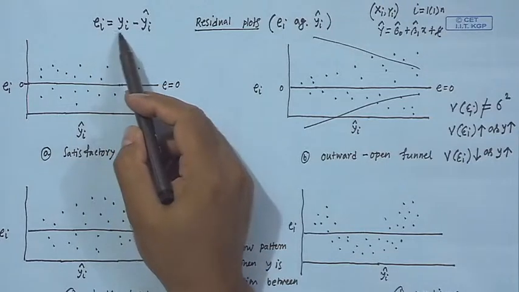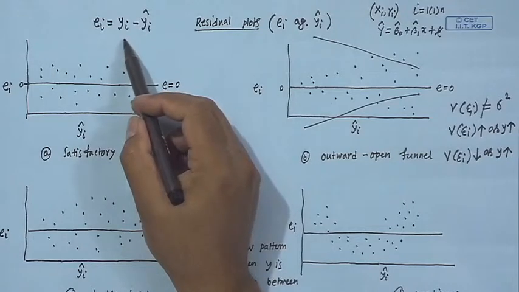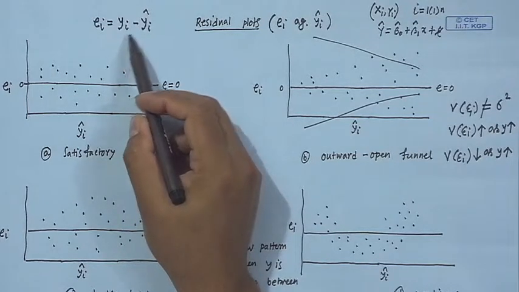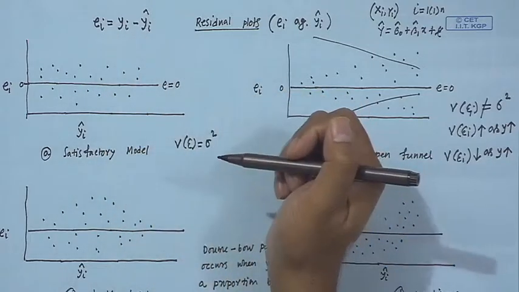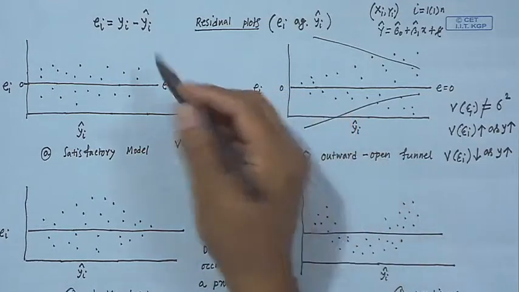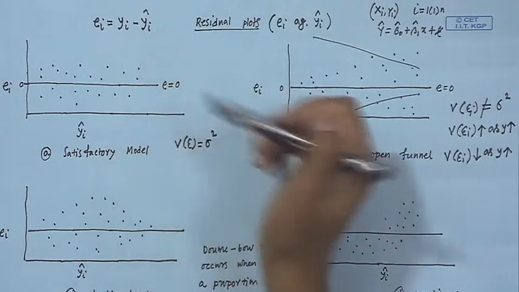The ith residual is y i minus y i hat. So, this y i is the observed response and this is the estimated response, and e i is the difference. This is called the residual, and more specifically this is called the regular residual.